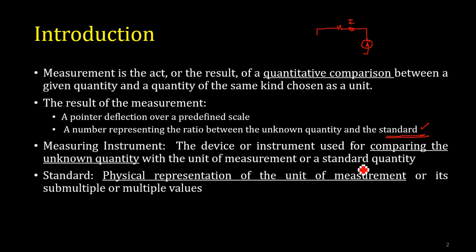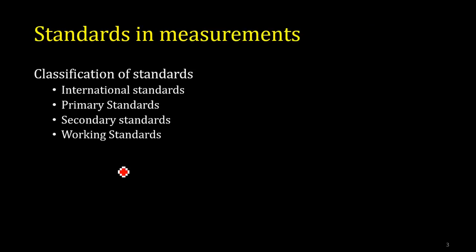So you have a standard quantity or a general unit, and you are comparing the unknown quantity with that, and you are arriving at the result. Now what is a standard? A standard is a physical representation of the unit of measurement, or its submultiples or multiples. We'll see in detail different types of standards.